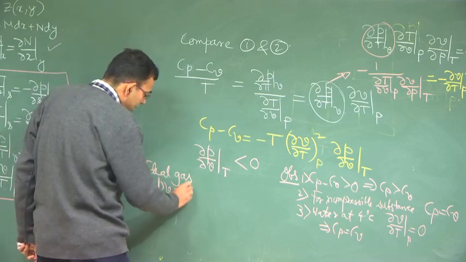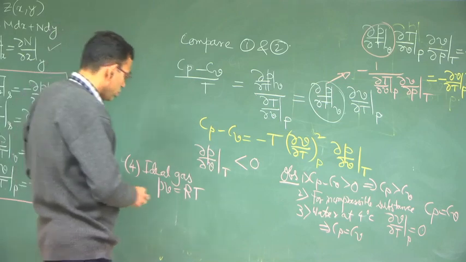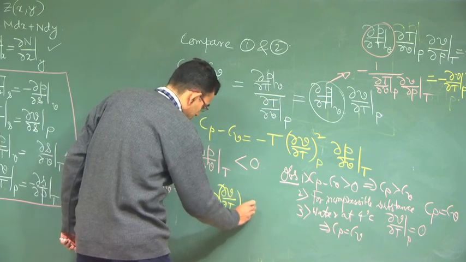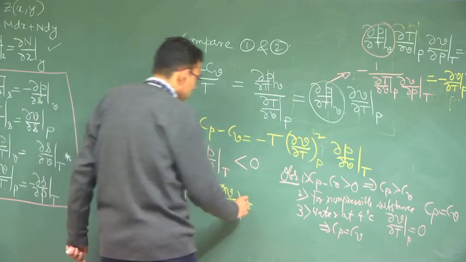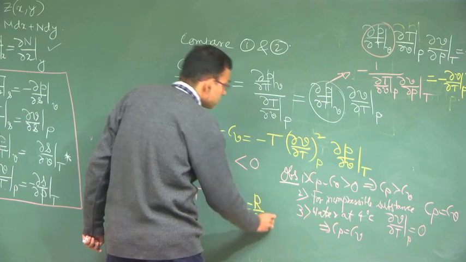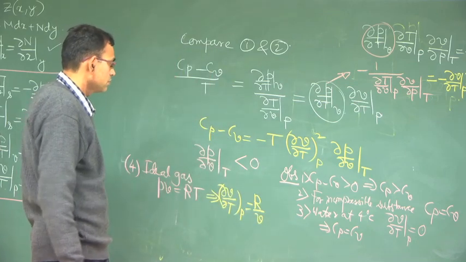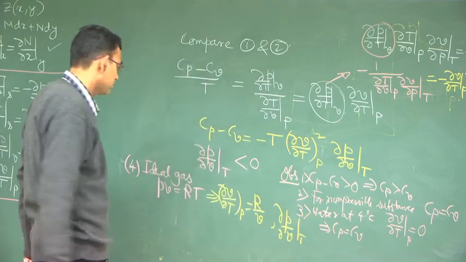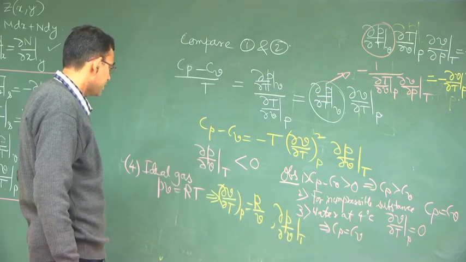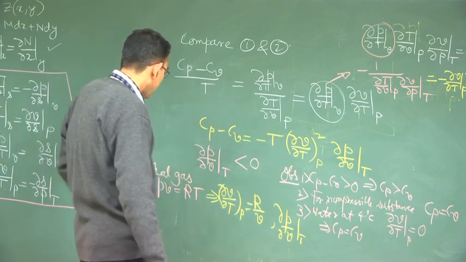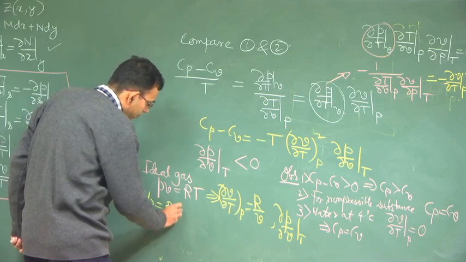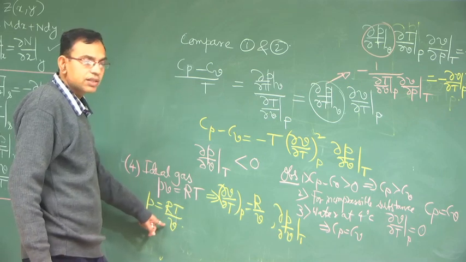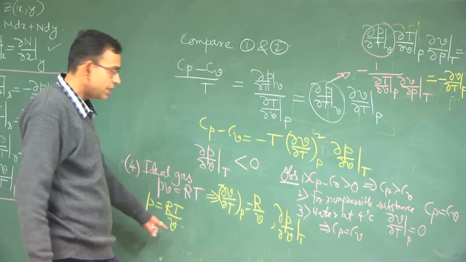Ideal gas, you have PV equal to RT. So, P is equal to RT by V, and del P del V at constant temperature is minus RT by V square, right.